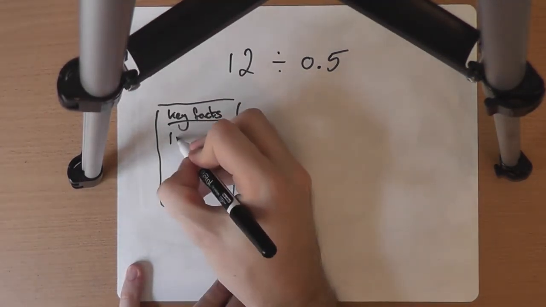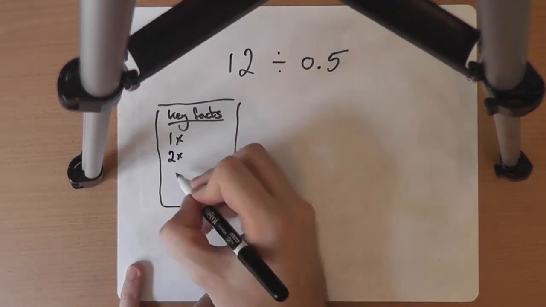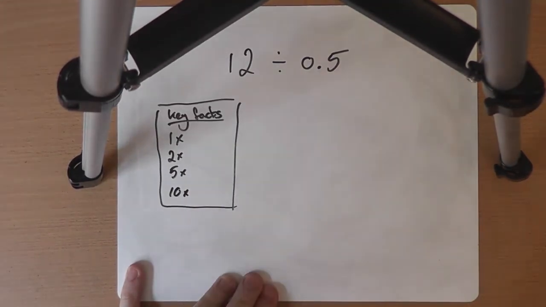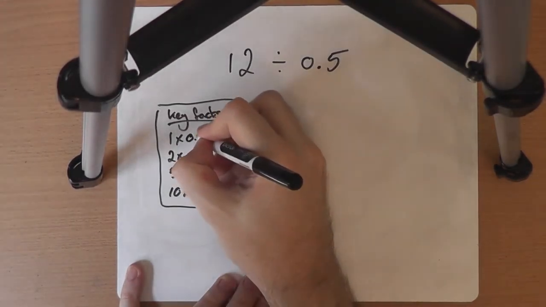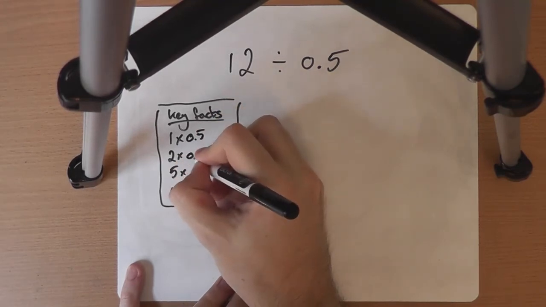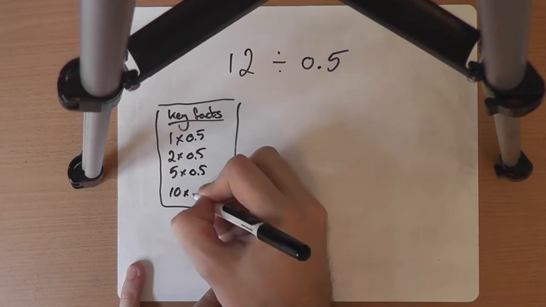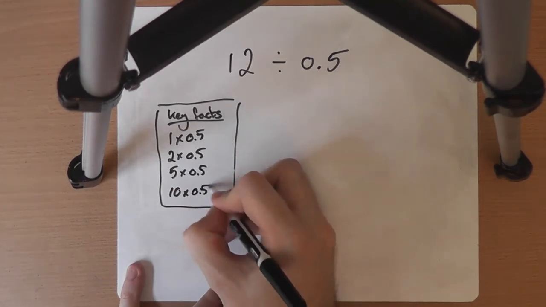We could still do 1 times, 2 times, 5 times, and 10 times. Well, it's 1 times 0.5, 2 times 0.5, 5 times 0.5, and 10 times 0.5.